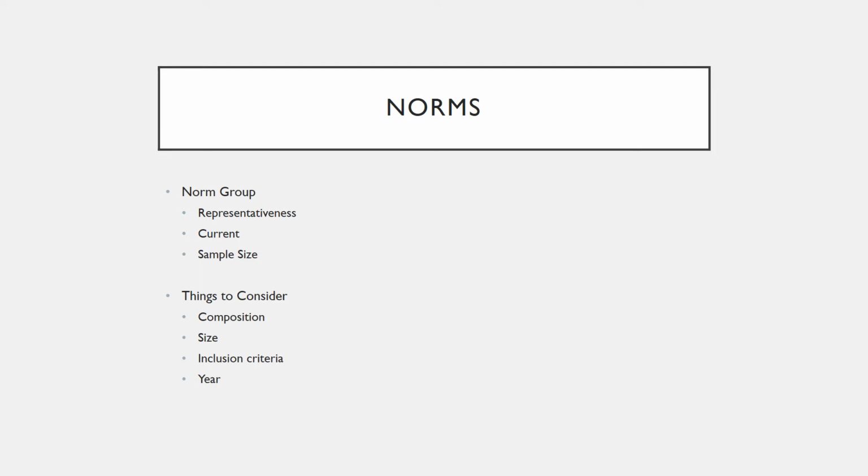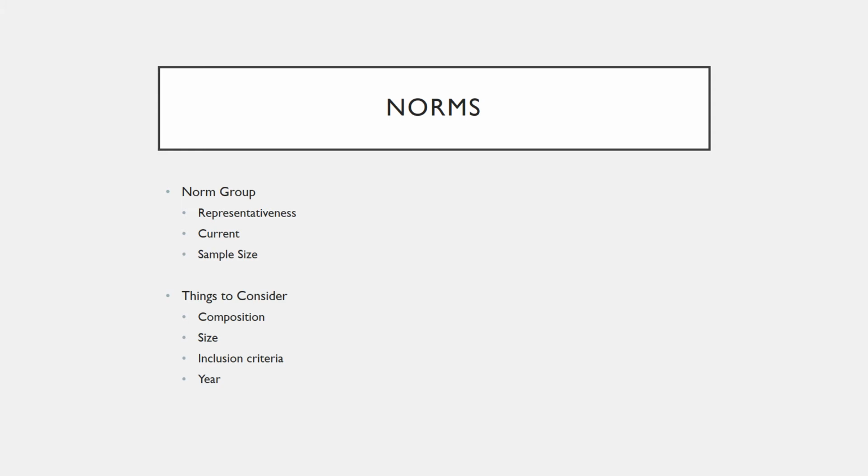We want to make sure that this norming group represents your client, represents an appropriate developmental age for the type of people who will be using a test or an assessment, thinking about cultural inclusion, so what was the demographic makeup of this norming group, and making sure that it's representative of as many types of people as possible, but certainly the type of person that I'm going to be asking to take this assessment as my client. We want to make sure that that norm group is current.